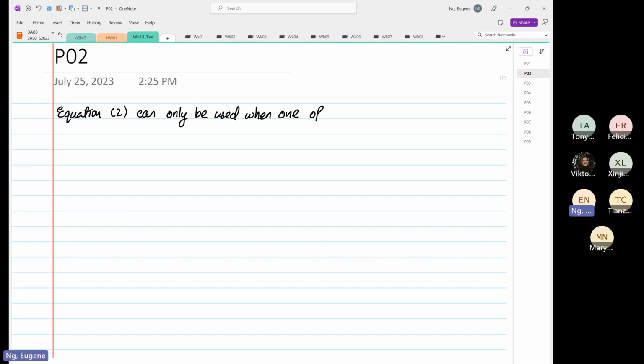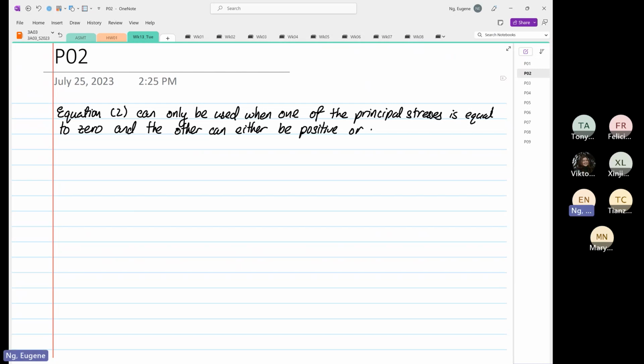When one of the principal stress is equal to 0, and the other can either be positive or negative.